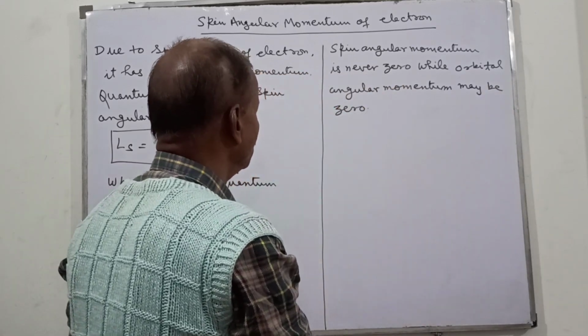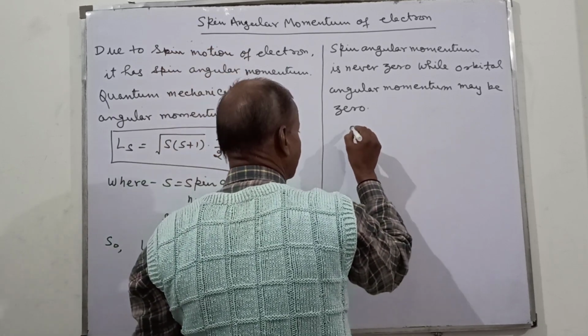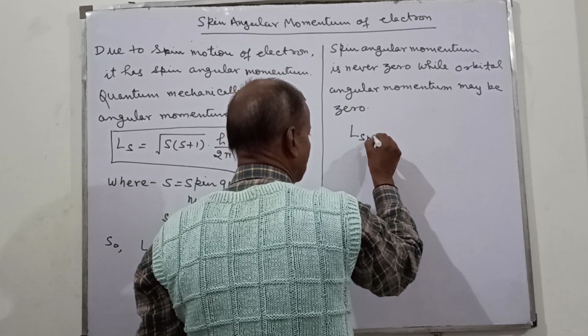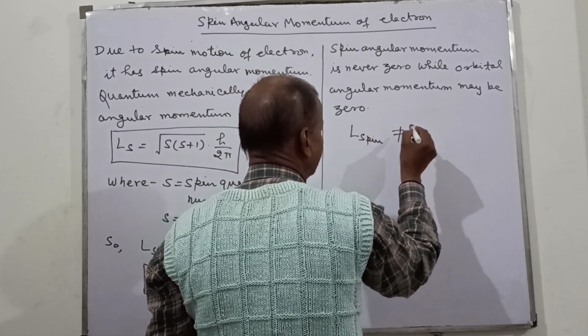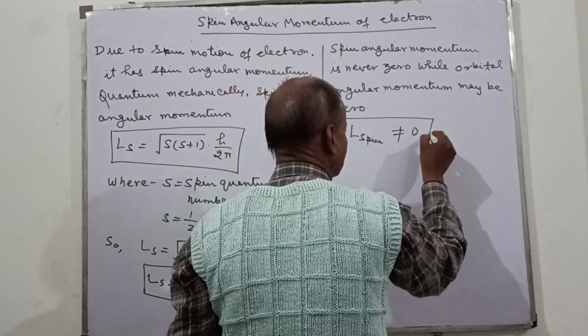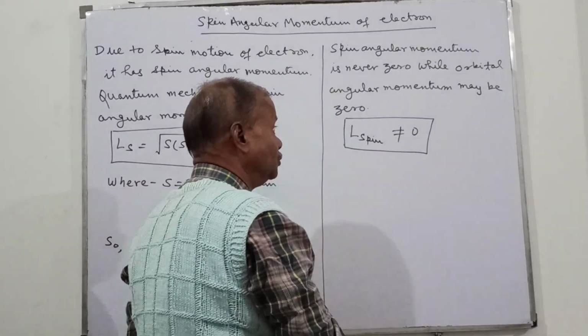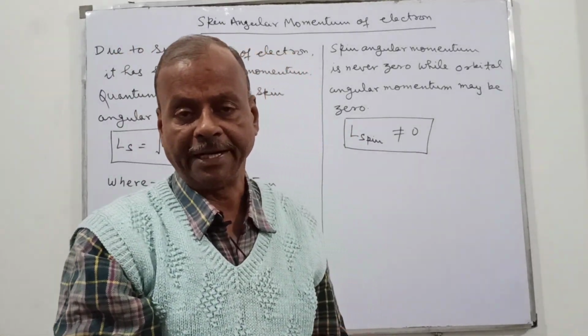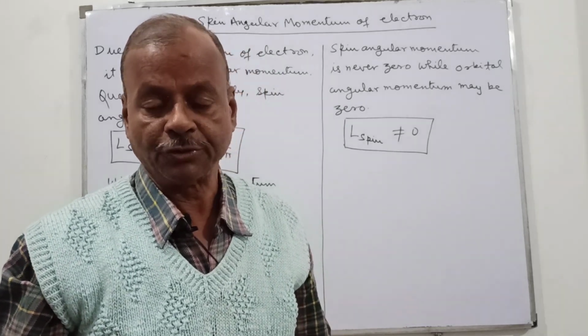This may be zero. So this Ls, L spin, is never equal to zero. So this is the angular momentum possessed by the electron due to its spin motion.